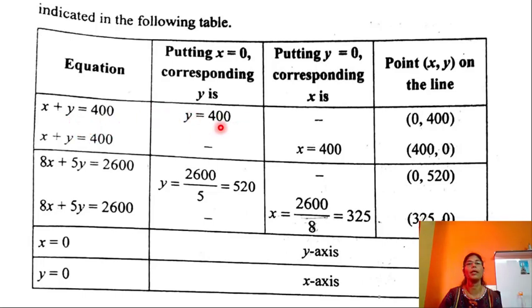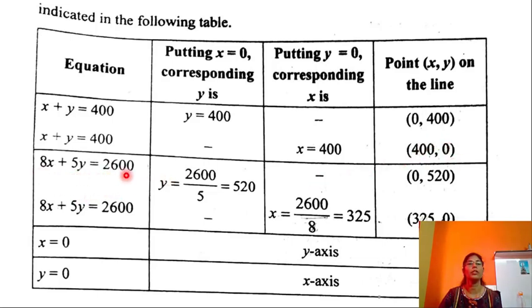So y becomes 400. When y = 0, x becomes 400. So we get 2 points which we have to plot on the graph: x is 0, y is 400, and x is 400, y is 0.